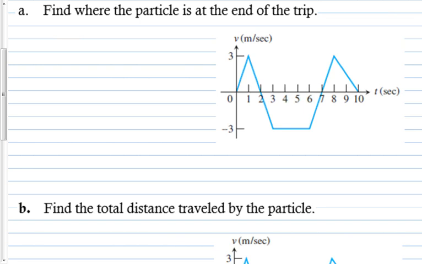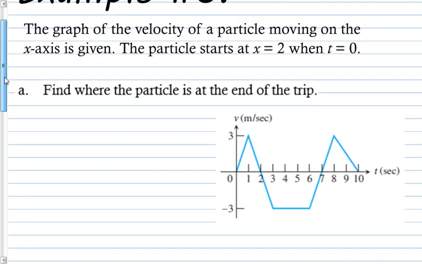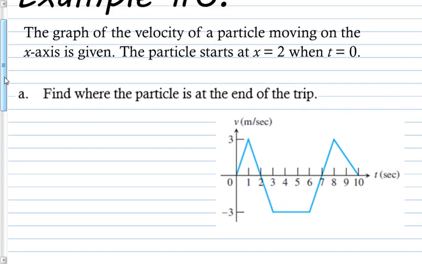And if you look up here, the particle starts at x equals 2 when time is 0. That means the function is called x. When I plug in a 0, the function is equal to 2. Okay, whenever there's an x and a t, they're calling the position function x. Okay, x of t. They can do that.